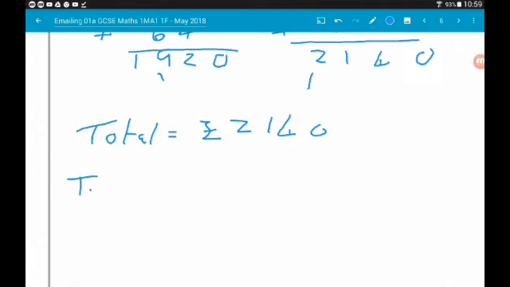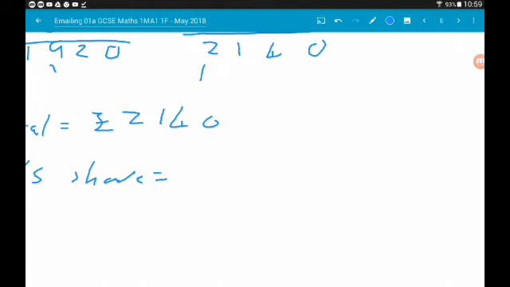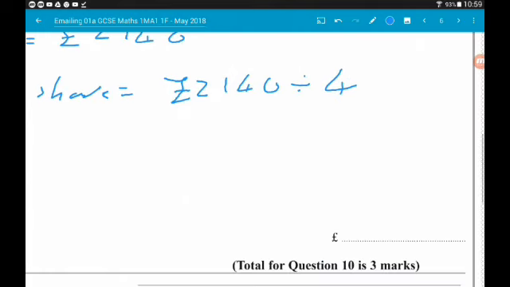So Tim's share is 2,140 divided by 4. And let's use the bus stop.